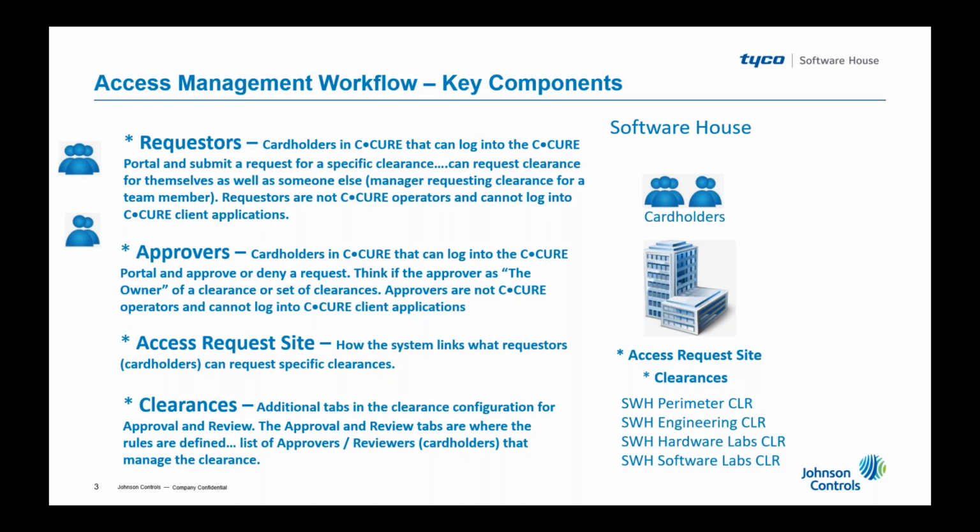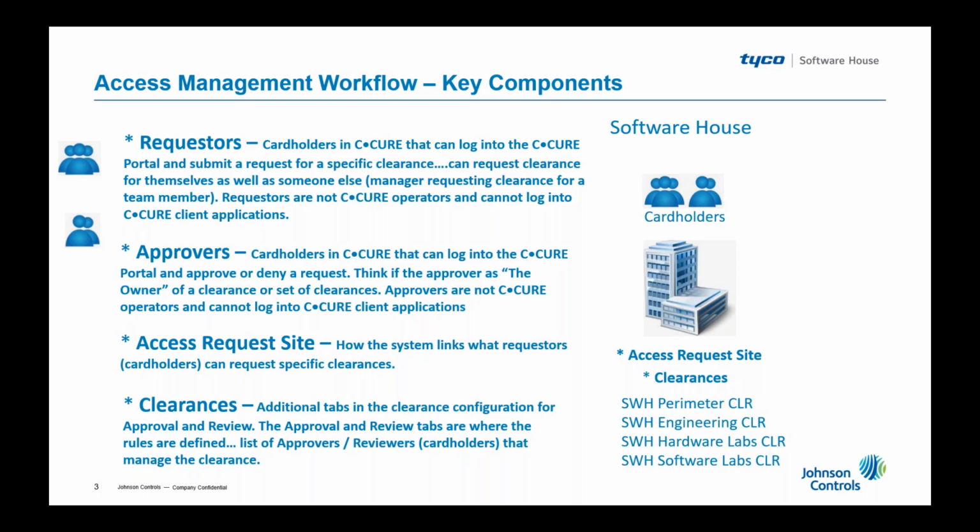What ties into the access management workflow are a couple of features that tie to the cardholders, as well as the clearances, and a new item which we refer to as an access request site. In a company where you have cardholders, some of those cardholders may have the ability to request clearances. You might have a company where all of the cardholders may be able to request clearances.